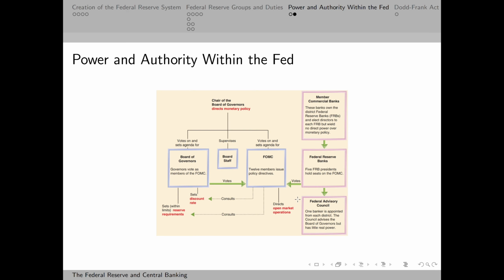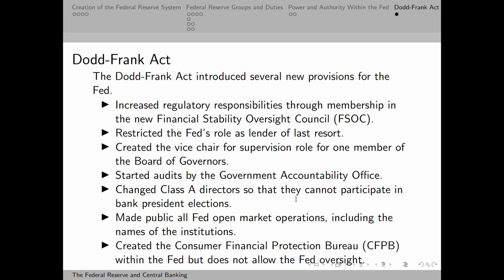And then there is a little bit of two-way discussion because the FOMC, including the Reserve Bank branches, do get to do a lot of consultation towards the Board of Governors. So there are a lot of moving parts within this, but a very clear, concise way of clearly seeing where the delegation and separation of powers exist.